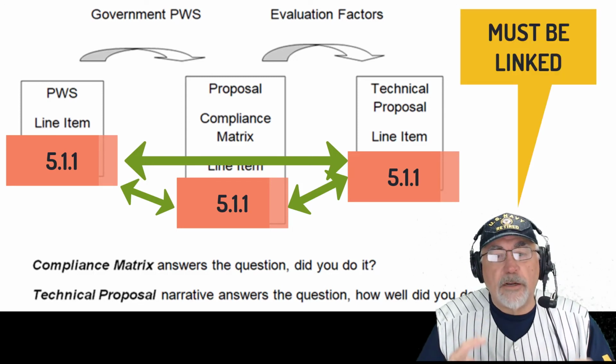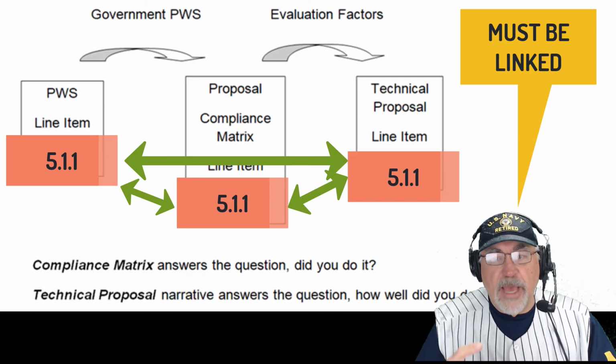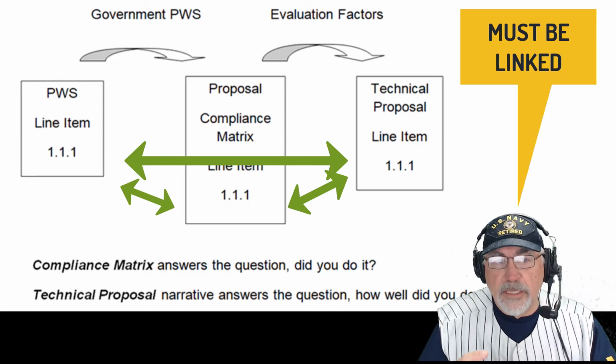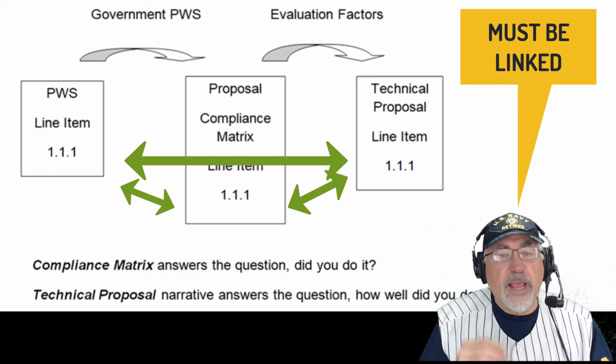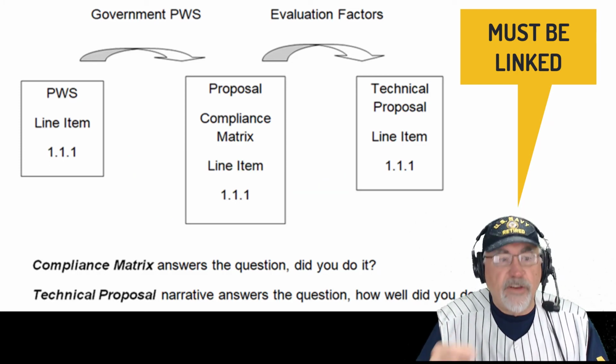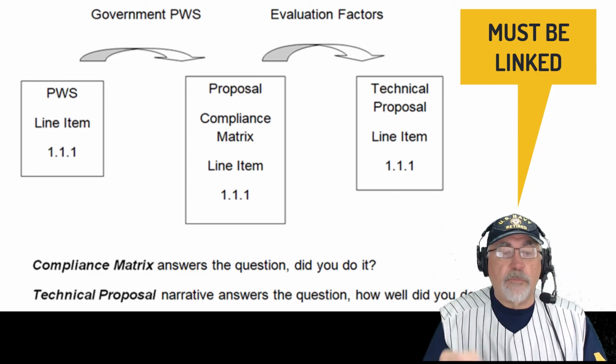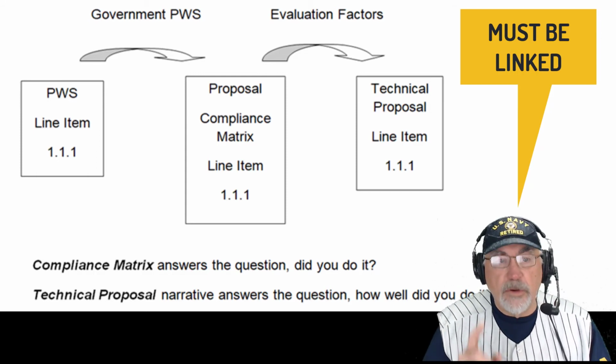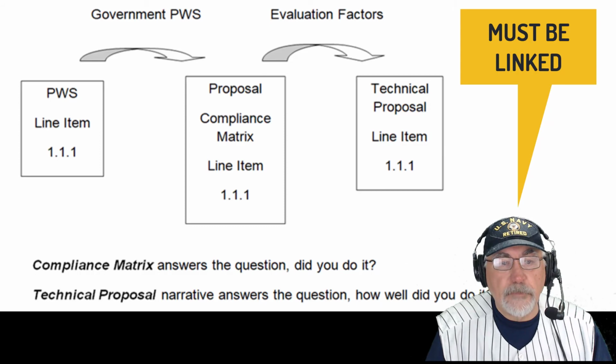You want to be clear to the contracting people that you understand what their problem is and you're going to solve it. And you're going to have to do that for each one: 5.1, 5.1.1, 5.1.2, 5.1.3, and so on. So it's important to note that.